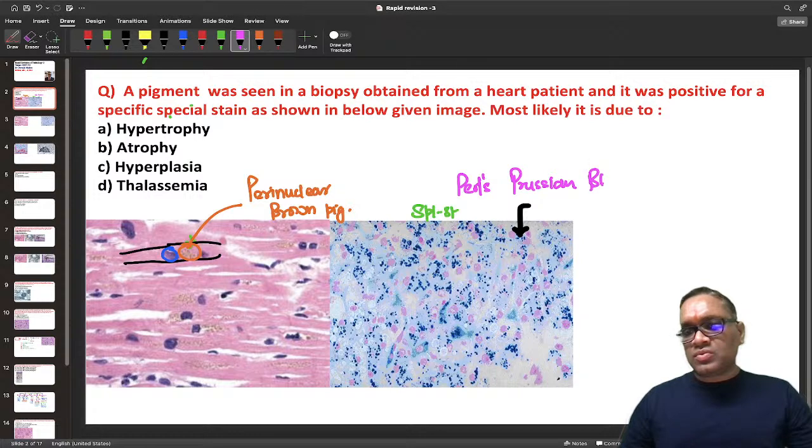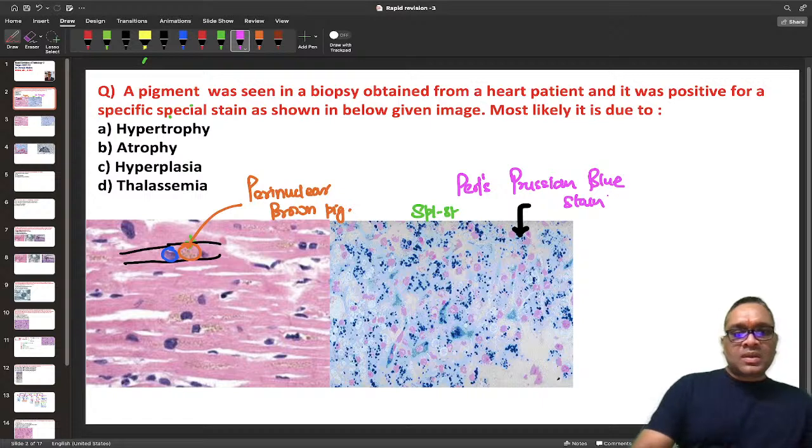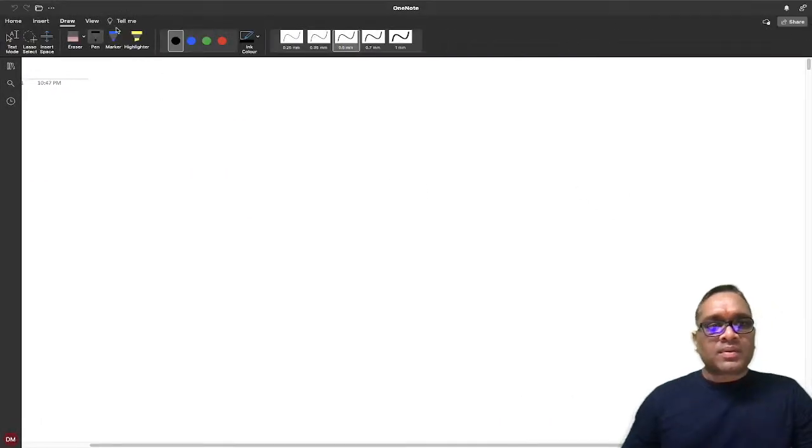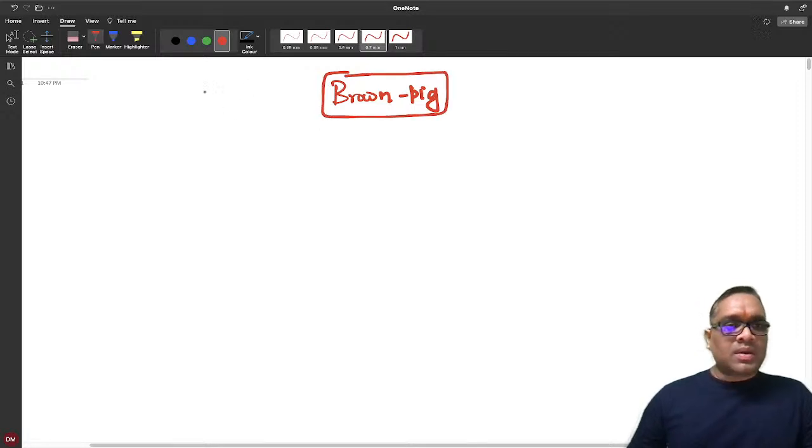Pearl's Prussian blue stain. See here, I would like to tell you one thing. Whenever you see a brown pigment, what should be your thought process? Please remember, whenever you are seeing a brown pigment, what should be your differential diagnosis? We will be having two differential diagnoses in our mind.